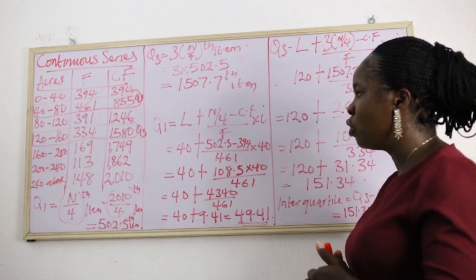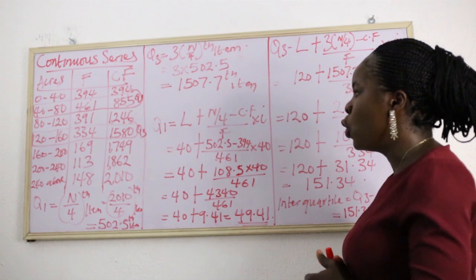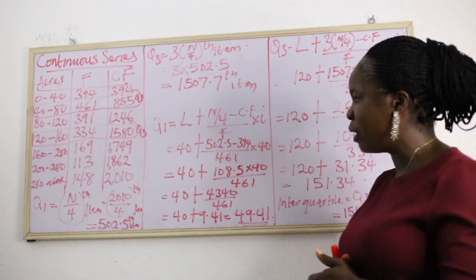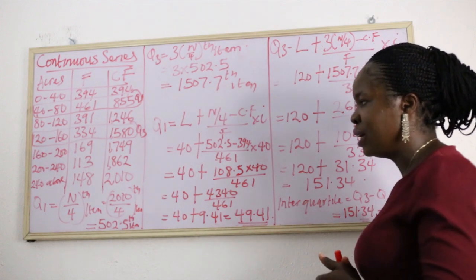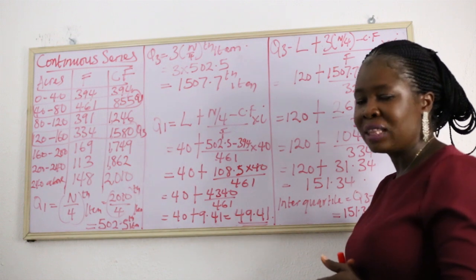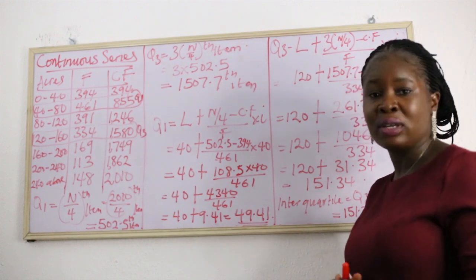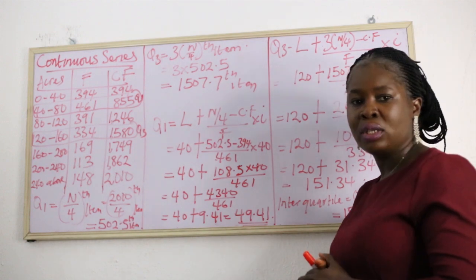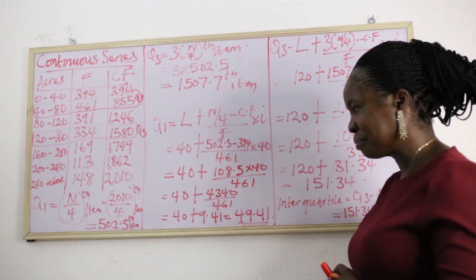1246. 1246 plus 334, we have 1580. 1580 plus 169, we have 1749. 1749 plus 113, we have 1862. Then 1862 plus 148, we have 2010.